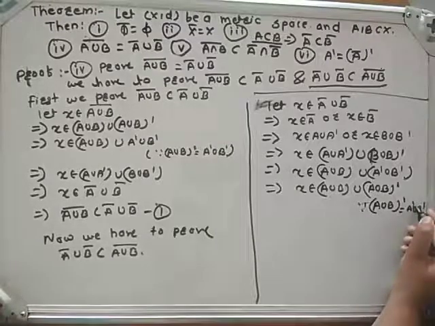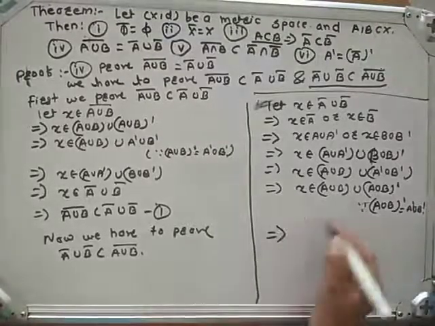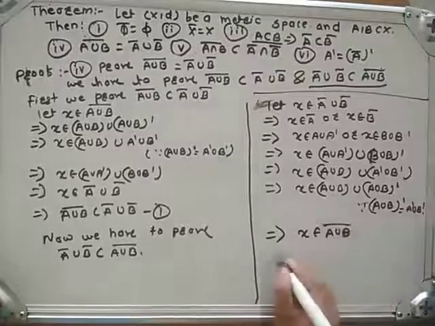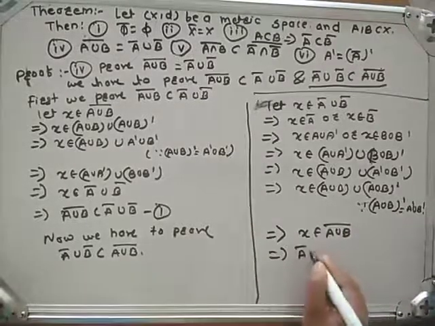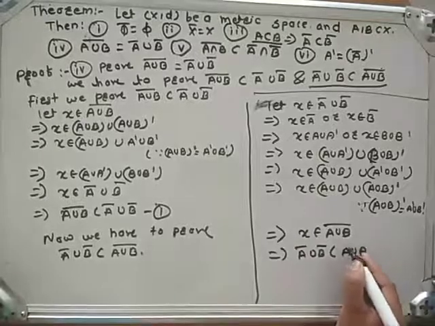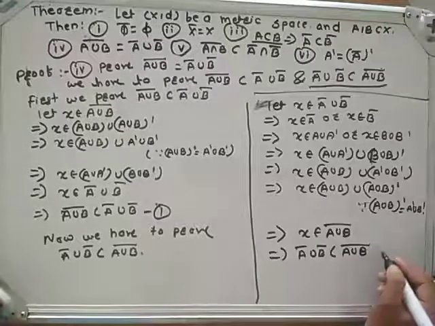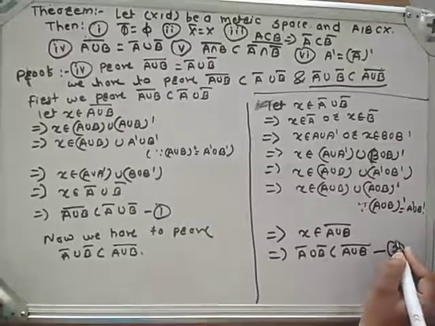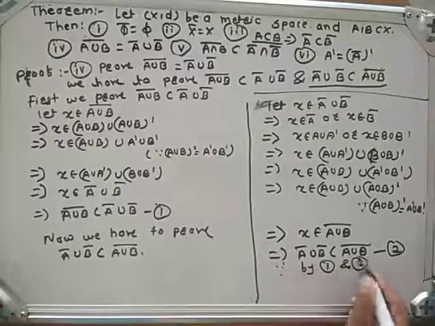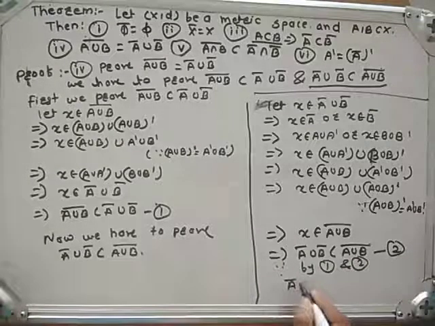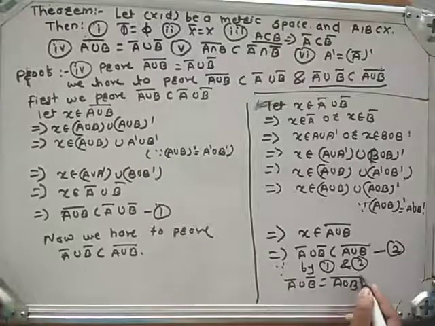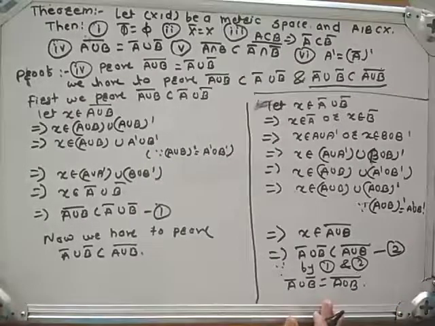That implies x belongs to closure of A union B. That implies A closure union B closure is a subset of closure of A union B. Call this equation number 2. Therefore, by 1 and 2, we have A closure union B closure is equal to closure of A union B. Hence, proof of part 4 is complete.